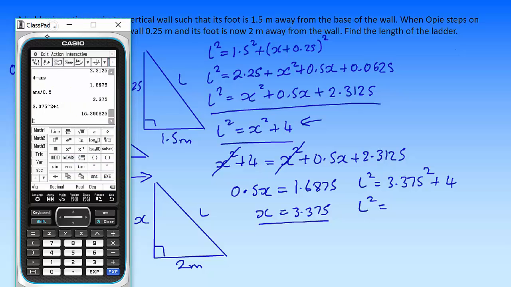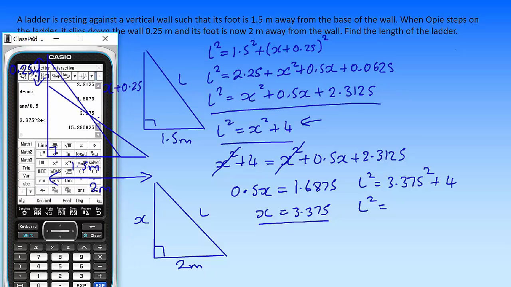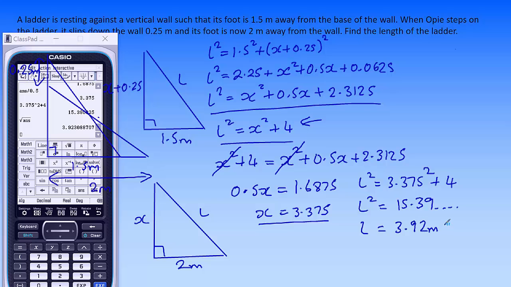So that gives me 15.39 and so on. And so L is going to be the square root of that. So square root of my last answer gives me, I'll give it as 3.92. So 3.92 metres to 2 decimal places.